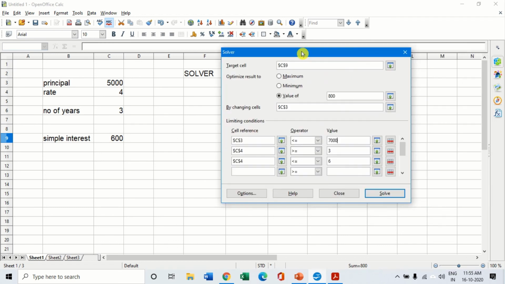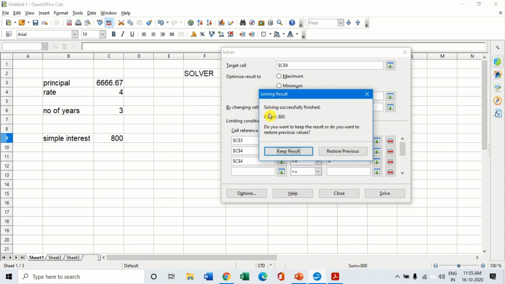But here I have a limiting condition: my principal amount should be less than 7,000 rupees and the rate of interest should be between 3 and 6%. Let us see by clicking on Solve whether I will be able to get this desired result. When I click on the Solve button, yes, solving successfully.